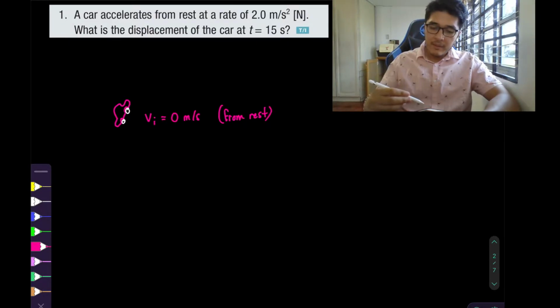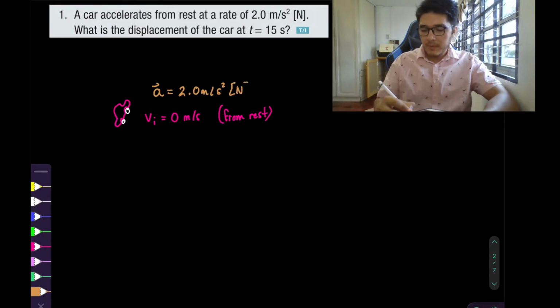And then you're going to be accelerating, and at the end of this acceleration period, your final velocity is 2 meters per sec. Oh, wait, no. They give you the acceleration. So the acceleration is 2 meters per second squared in the north direction.